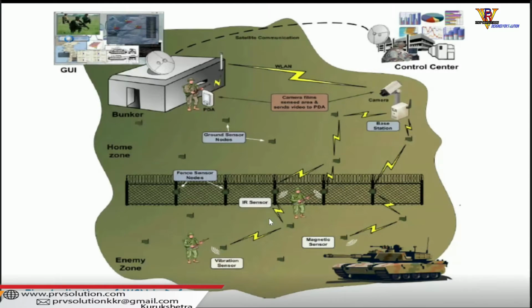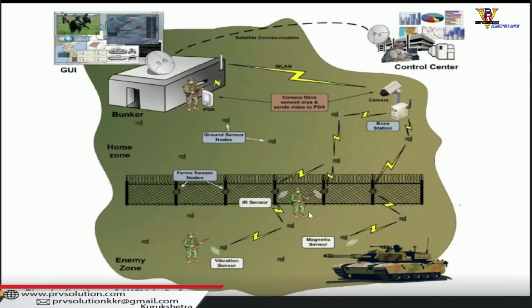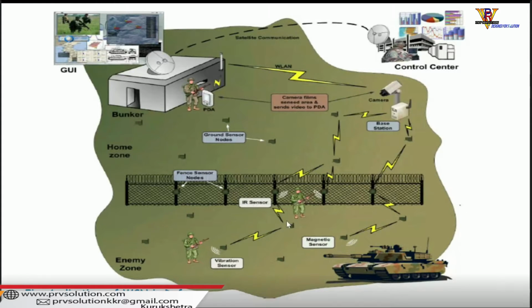The border area is there, but we deployed some sensors here. These sensors may be vibration sensors or magnetic sensors. So if something happens here, due to vibrations or magnetic changes, we can guess what is happening there.